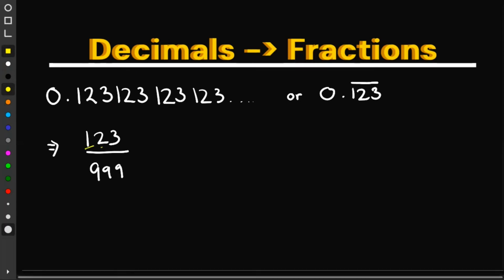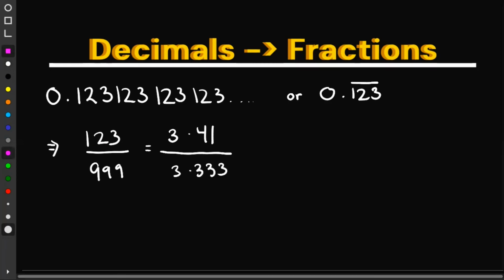We have 3 repeating decimals, and we convert those to nines, so it becomes 9, 9, and 9. That is how we convert a repeating or non-terminating decimal into a fraction. We can further simplify this into 3 times 41 all over 3 times 333. Canceling out like terms leaves us with 41 over 333.